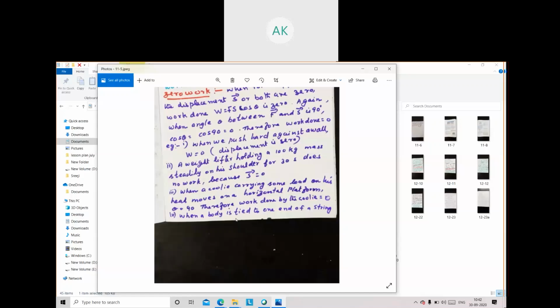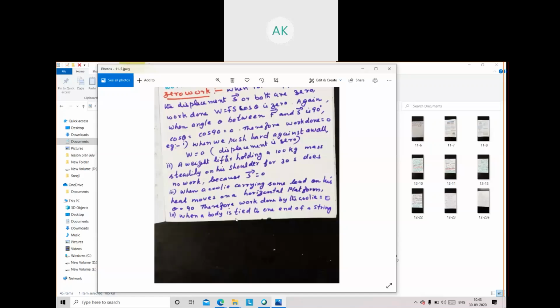He is carrying the load and walking along the platform horizontally. When he carries a load on his head, we have to apply force upwards. In order to carry a load on our head, we have to apply force upwards, because the load is acting as a downward force and we have to exert an upward force on it.